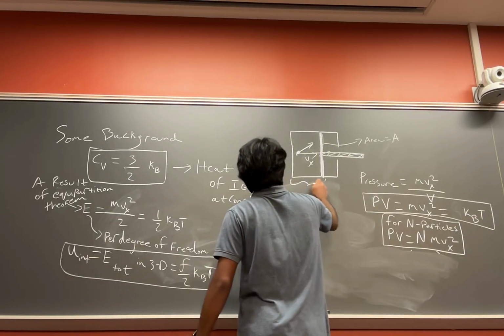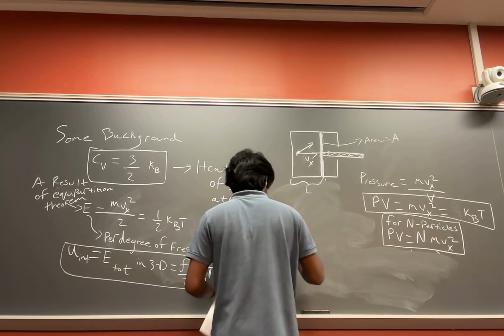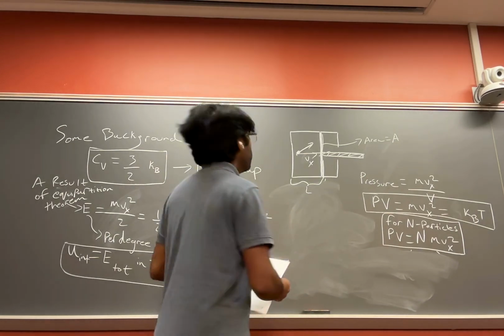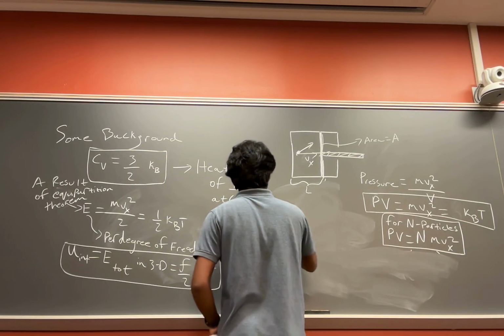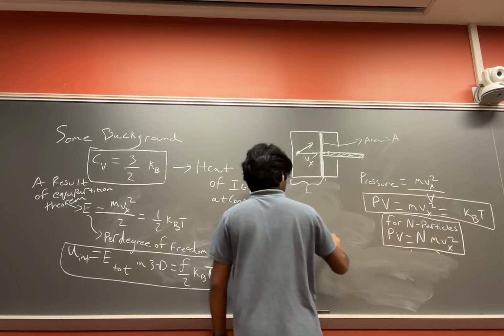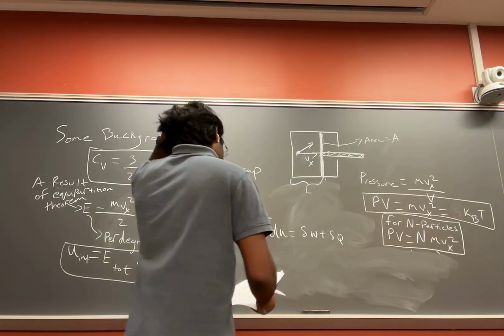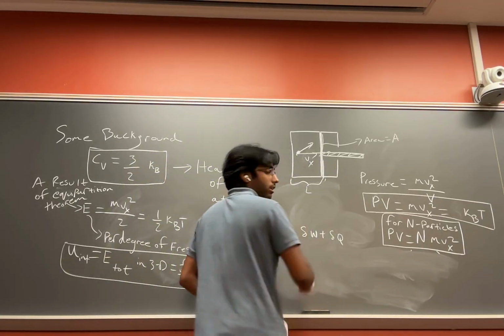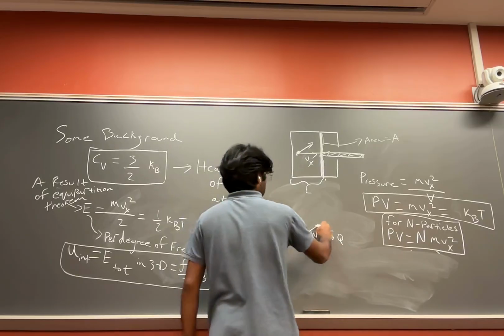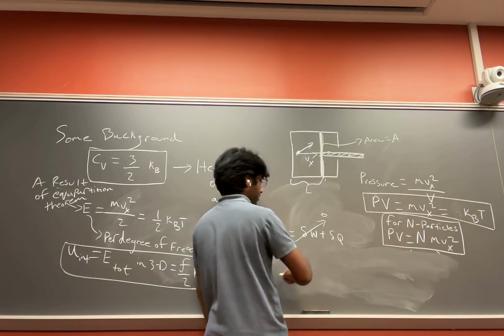Okay, so from here, we can say that from the first law of thermodynamics, we know that dU is just equal to dW plus dQ. And at constant volume, we know that work is just 0 because this is p dV.